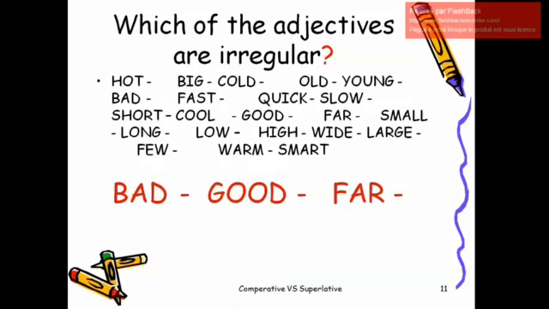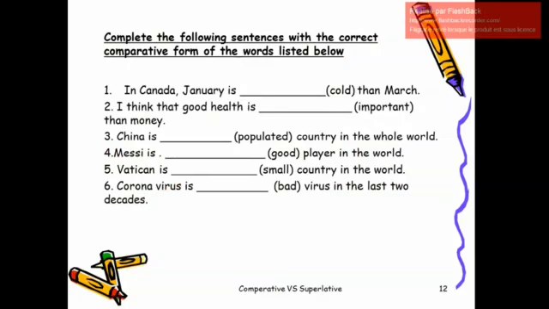Now let's move to another exercise. Complete the following sentences with the correct comparative form of the words listed below. Number 1. In Canada, January is colder than March. I think that good health is important than money. China is populated country in the whole world.